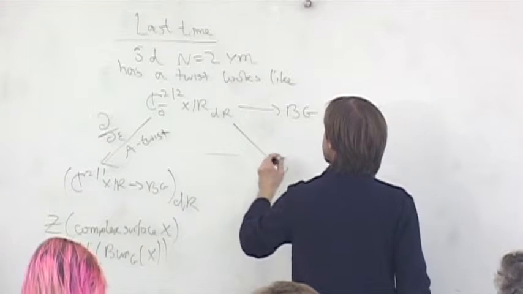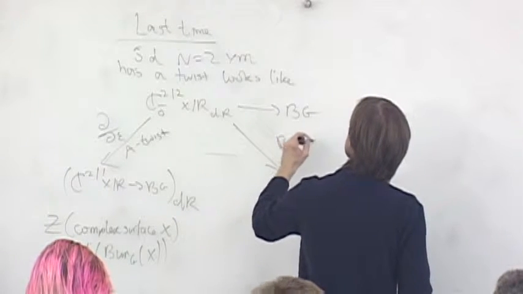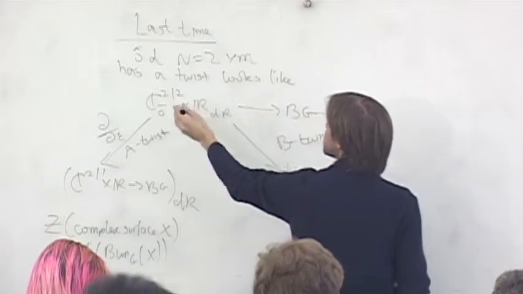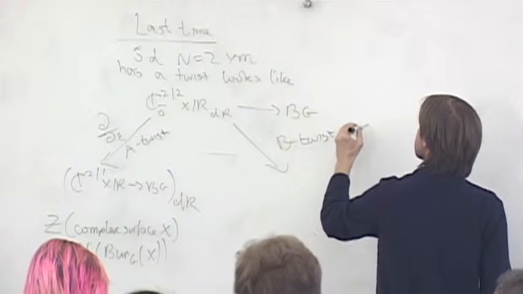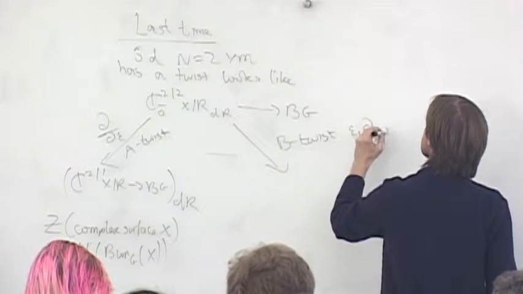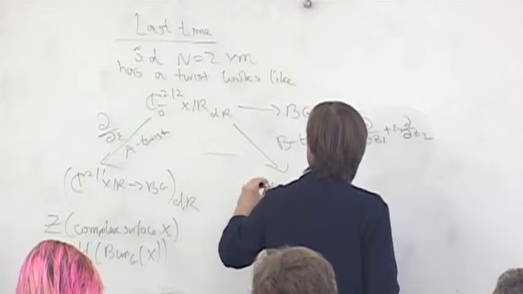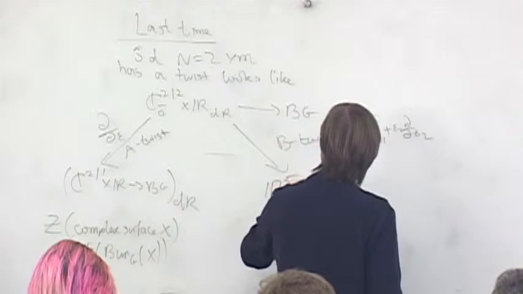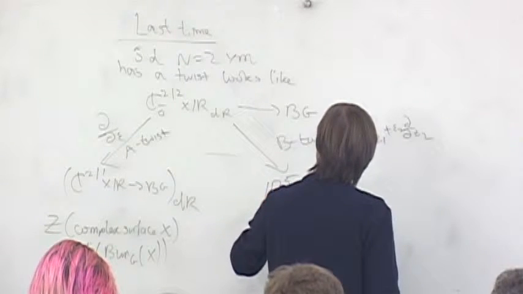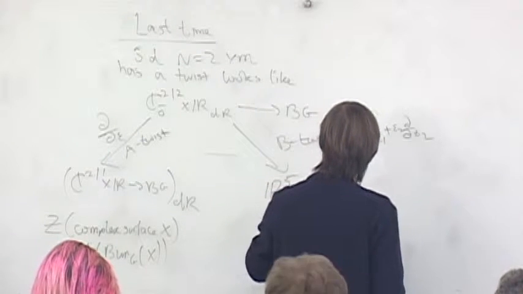That's some kind of B twist where these two odd directions are both thought of as differential forms. Or we get maps from R^5 to BG, kind of like a 5D analog of pure Chern-Simons.